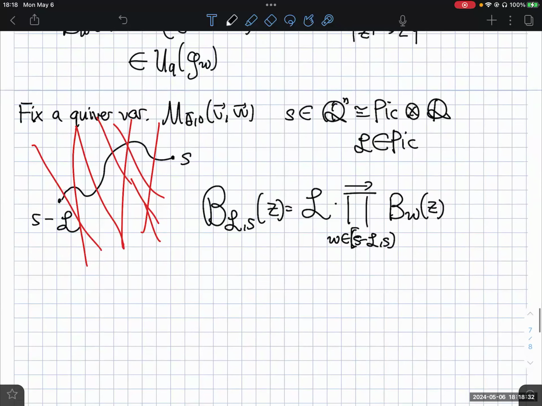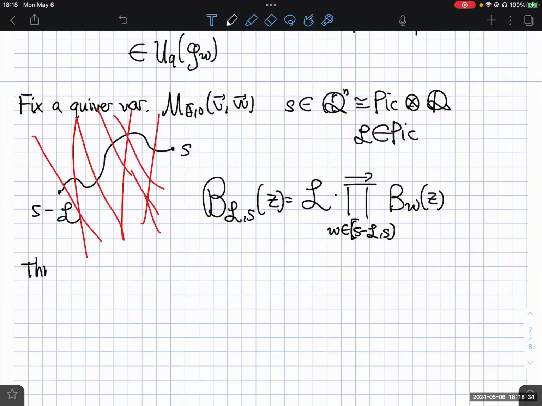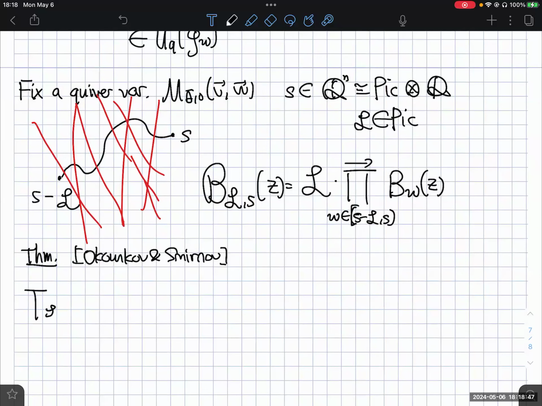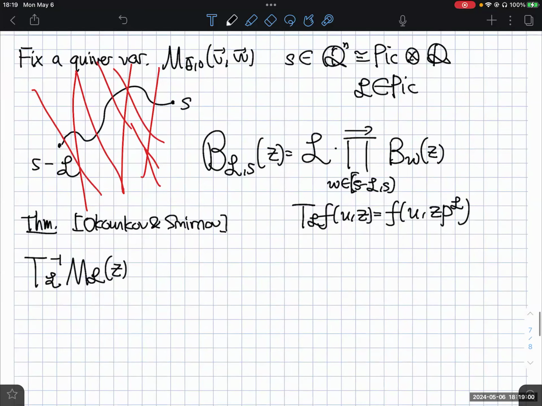The good thing here is this is a theorem by Okounkov and Smirnov, that if we take the difference operator, where T_L is just the notation to define the shift of the Kähler variables, then this quantum difference operator is actually conjugate to the operator defined above, up to a constant.